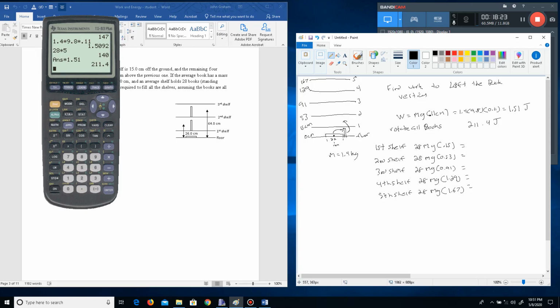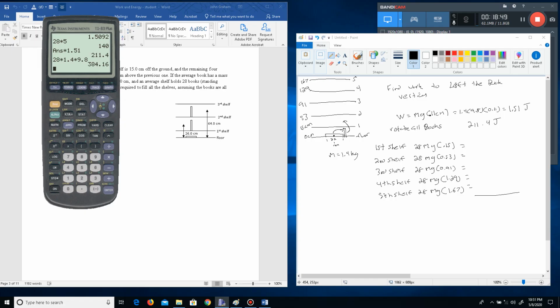Alright, so we'll do each of these, and then we're going to add all 6 things, and that will be our total energy. So 28 times 1.4 is the mass, times 9.8. Now I'll show you a quick way to do this. This is what we normally need, 384.16.